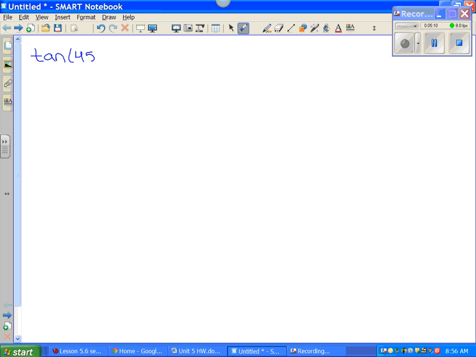Okay. So here's my first step. And you should write these steps down. Step 1. You're going to determine the quadrant that the angle is in. What quadrant is it in?